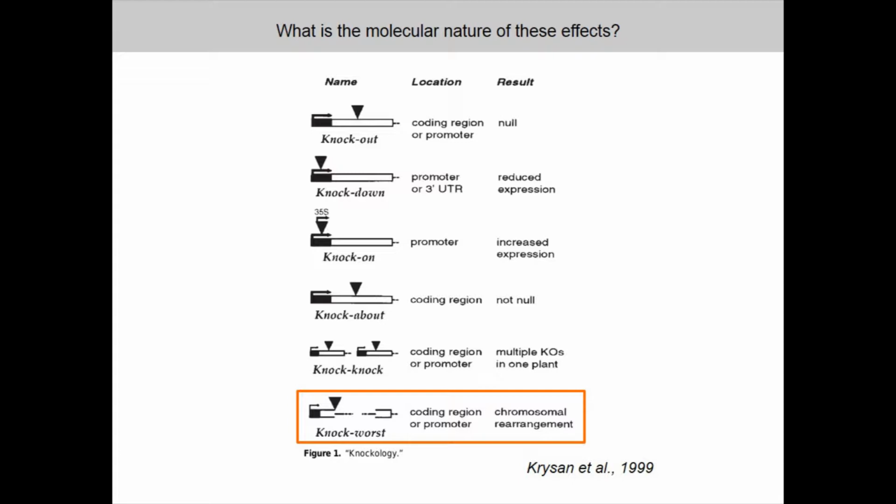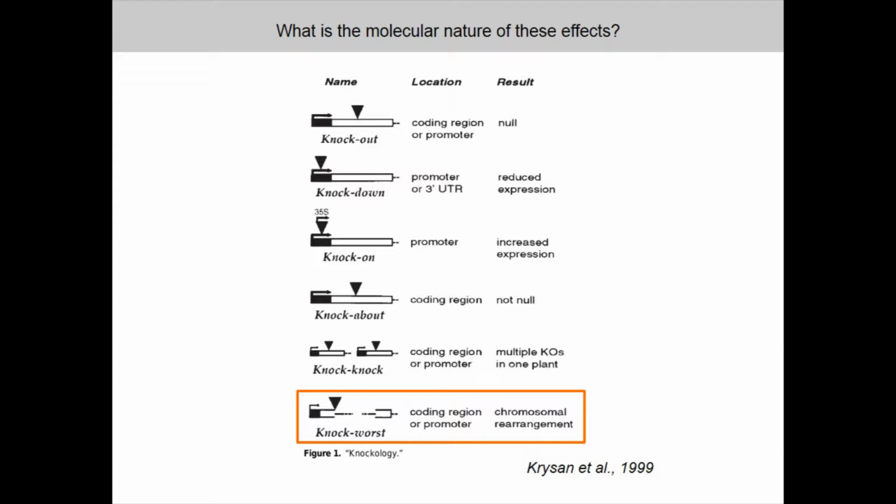So what is the real molecular nature of these effects? As I've said already, if we have the transgene that jumps into a gene, we get a knockout, and tDNA has classically been used as a mutagen for Arabidopsis to find and characterize the function of genes in that model system.